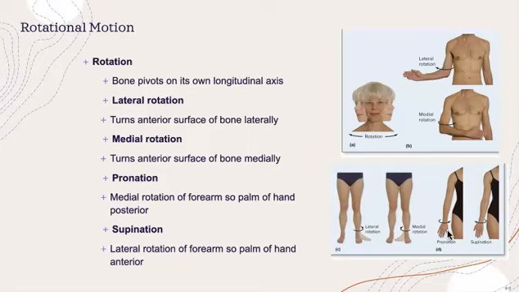Whereas if we were to flip our hand around and have our palm facing out, this would be called supination. Almost like if you were to flex at the elbow and be holding a bowl of soup. To remember that, you would be in supination. And notice how this is a lateral rotation of that forearm.